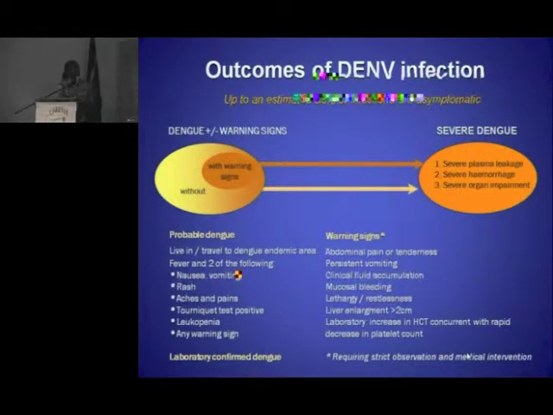So if symptoms do present, you can get a clinical spectrum of presentations. You can have classical dengue, with or without warning signs, or you can have a very severe form, formerly known as dengue hemorrhagic fever and dengue shock syndrome, but now known as severe dengue.